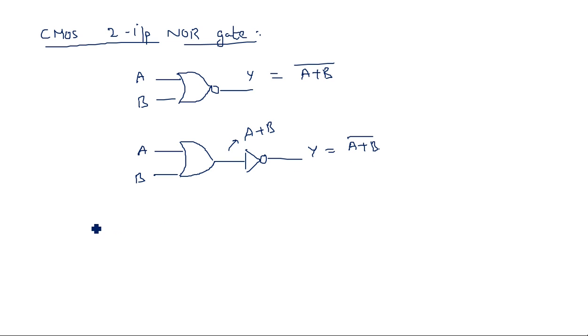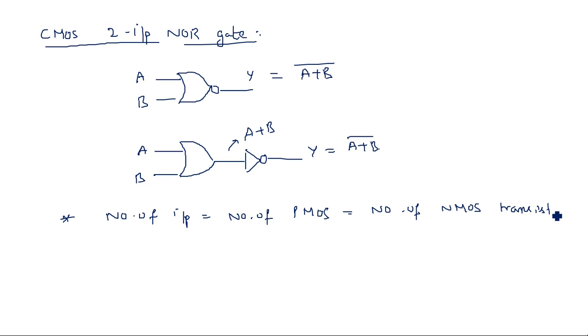In order to construct this particular CMOS 2 input NOR gate, how many inputs are there? We know the number of inputs is equal to the number of PMOS transistors as well as the number of NMOS transistors. Don't confuse, just take the number of inputs.